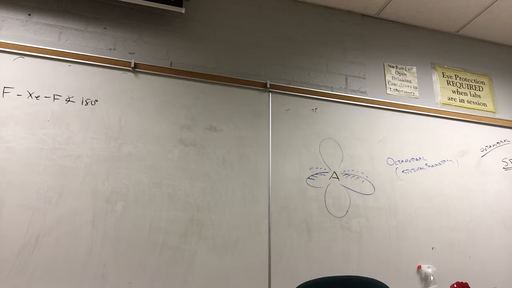All the bonds are the same. There's no axial and no equatorial because if you grab any fluorine, it has 3 90s and 1 180. So it doesn't matter which fluorine you grab, they all look the same. And so for the angles, we don't call them axial and equatorial. We're going to call it fluorine, sulfur, fluorine.